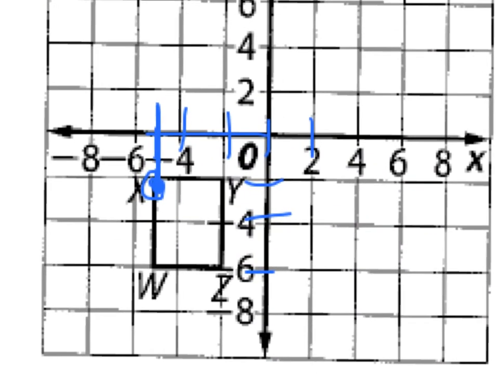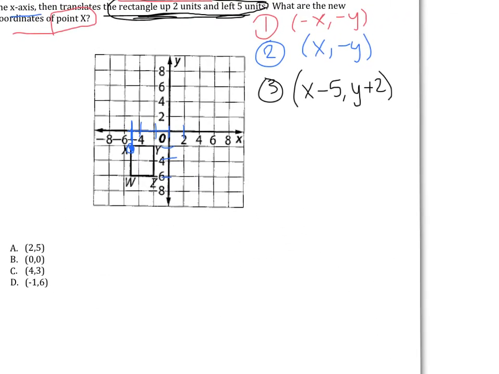You see right here, like here's 4, here's 6, and x is halfway in between. That's super blurry, but you got it. And then our y value is 2. So our x originally is going to be negative 5, negative 2.